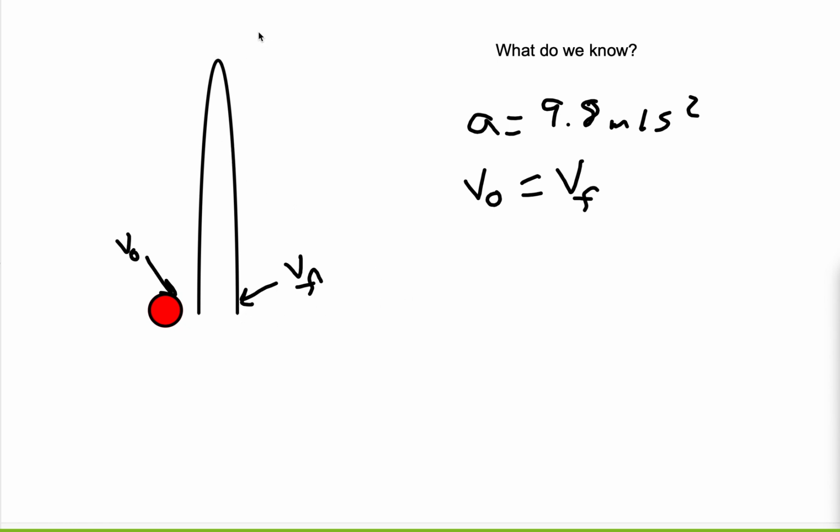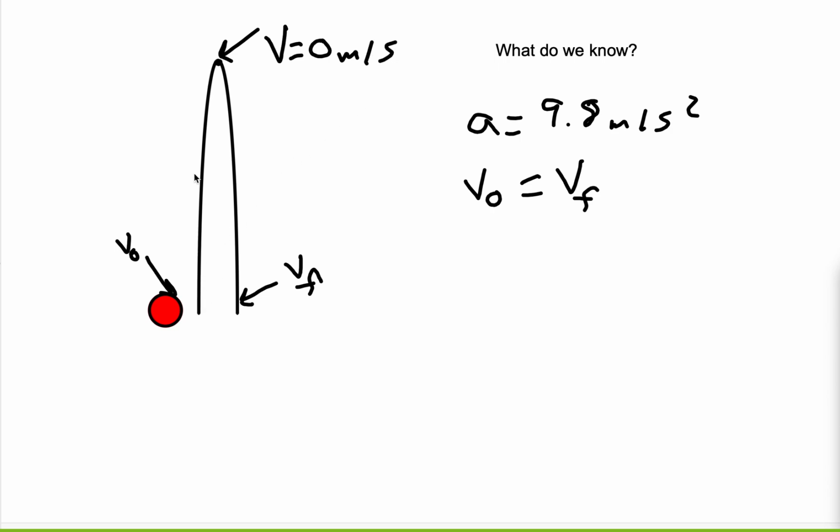Then the other thing that we know, and we talked about this before, we did problems like this. I don't know if you guys remember this, right? At that one place, at the peak right there, for one moment in time, the velocity at that moment is zero.